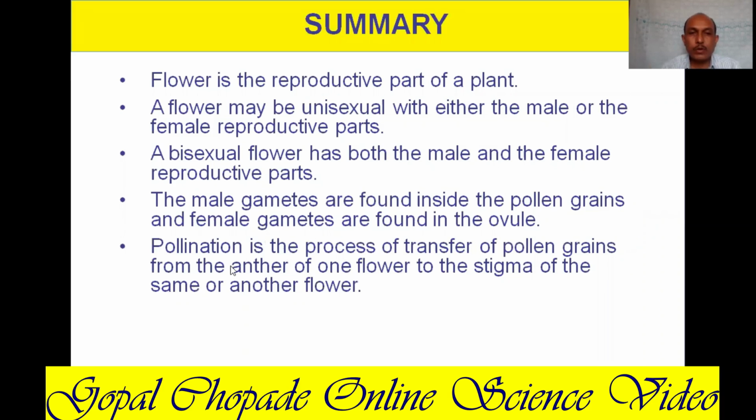Once they are produced, pollination is the process of transfer of pollen grains from the anther of one flower to the stigma of the same or another flower. If it is transferred to the same flower, it is self-pollination. And if it is transferred to another flower, it is cross-pollination.